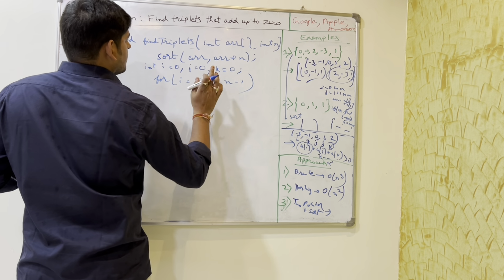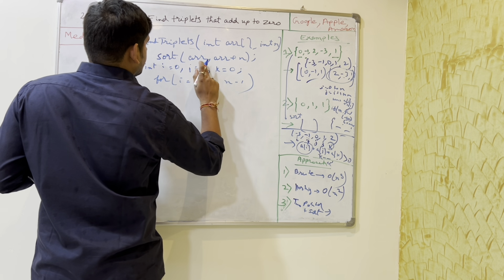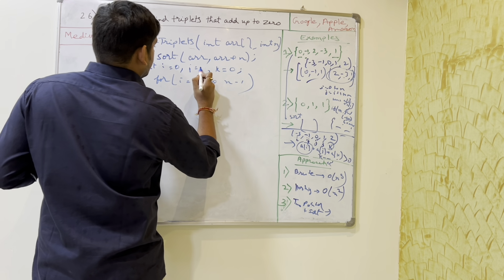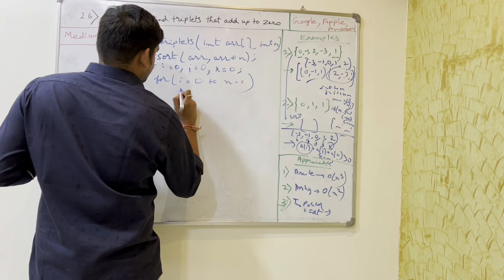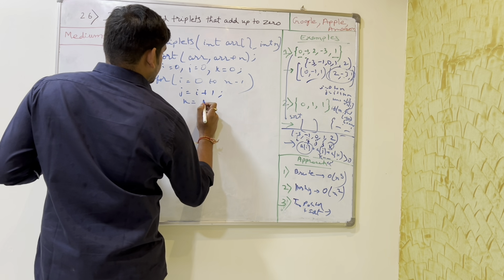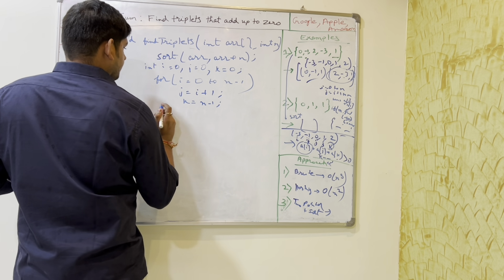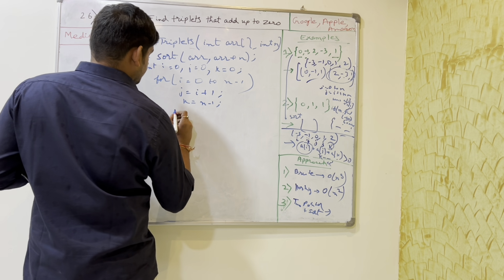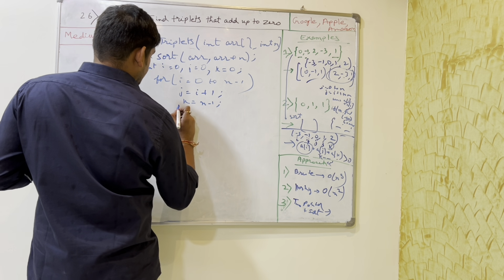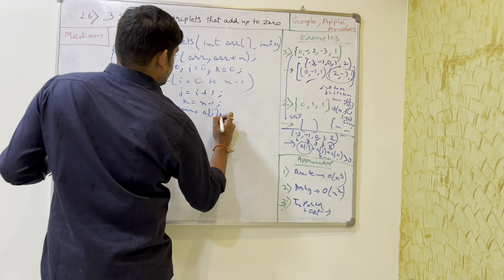Okay. So here what we do, j we can assign j is equal to i plus 1 over here, and k is equal to n minus 1 every time. Okay, and then what we do, we see the sum is equal to aj plus ak.